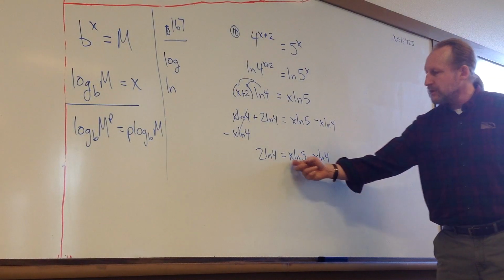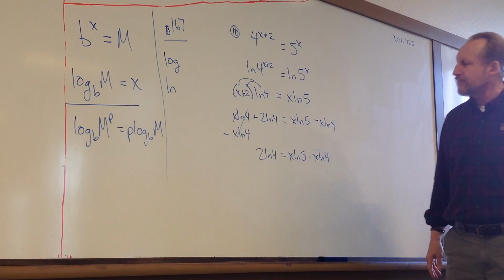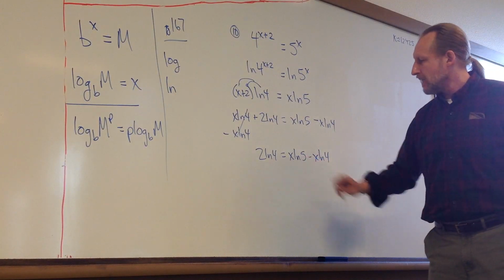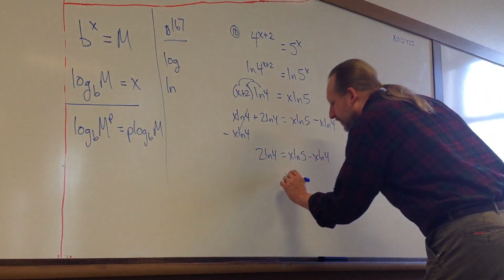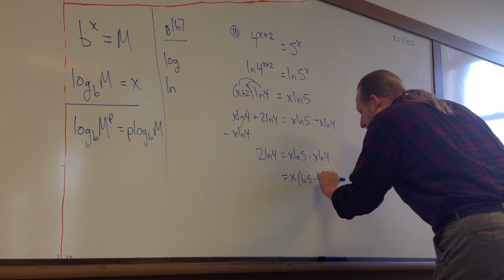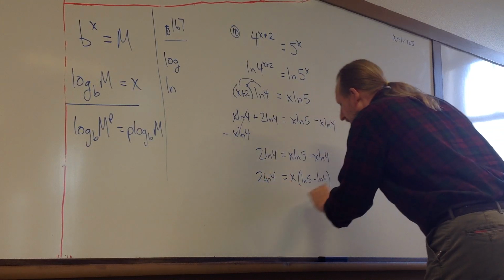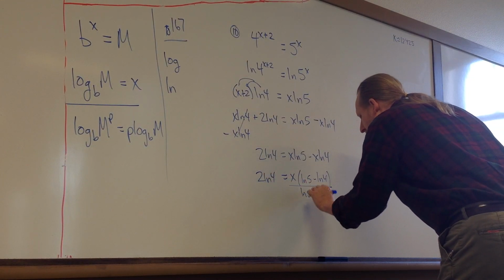Now, the problem here is that you've got x's in both of these, and it's difficult to put them together. So what we're going to do is factor the x out, and that'll leave us with ln 5 minus ln 4, and then that's what we'll divide by on both sides.